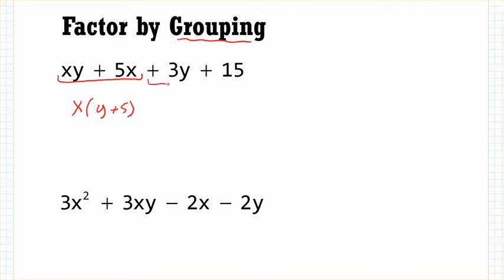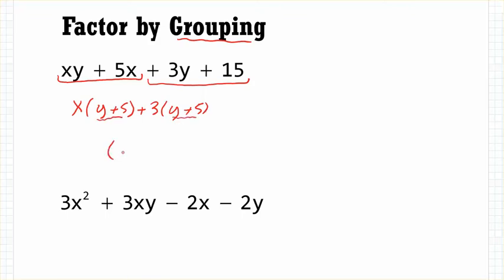And we can do the same thing for the next one. What can we factor out between these two? Well, we can factor out a 3. And that'll leave us a y plus 5. Again, when we factor out a 3, we're dividing this by 3, so we get 3y divided by 3 just leaves us y. And 15 divided by 3 gives us 5. And then you'll notice we have a y plus 5 and a y plus 5.